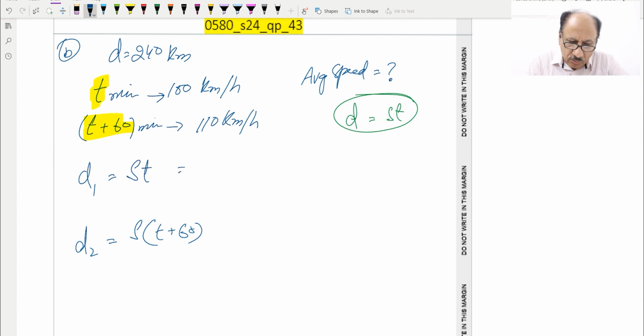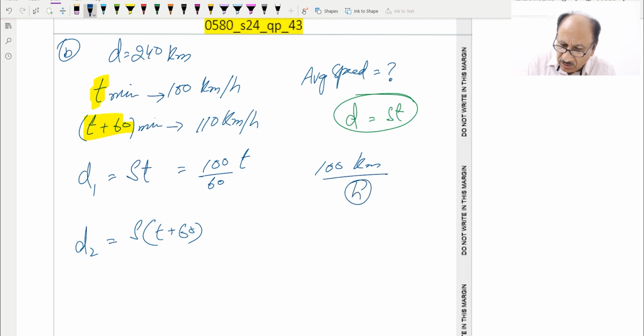Then we can simplify. S for this one is 100, and time taken is t, but 100 is in kilometers per hour, so we'll be dividing by 60. Like if I explain this, 100 kilometers per hour means this.